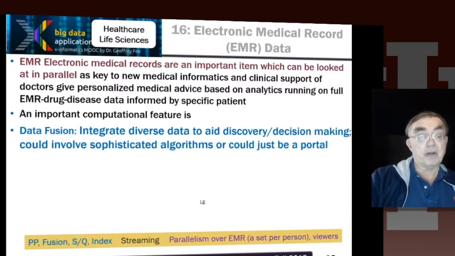And this fusion varies all the way from very complex machine learning to do the integration, to a portal which just has different gadgets in it, one gadget for each source of information. Data fusion is one of the less well defined of the areas because its implementation and its input is so varied. There are so many different aspects of diversity, and it's different in different fields.